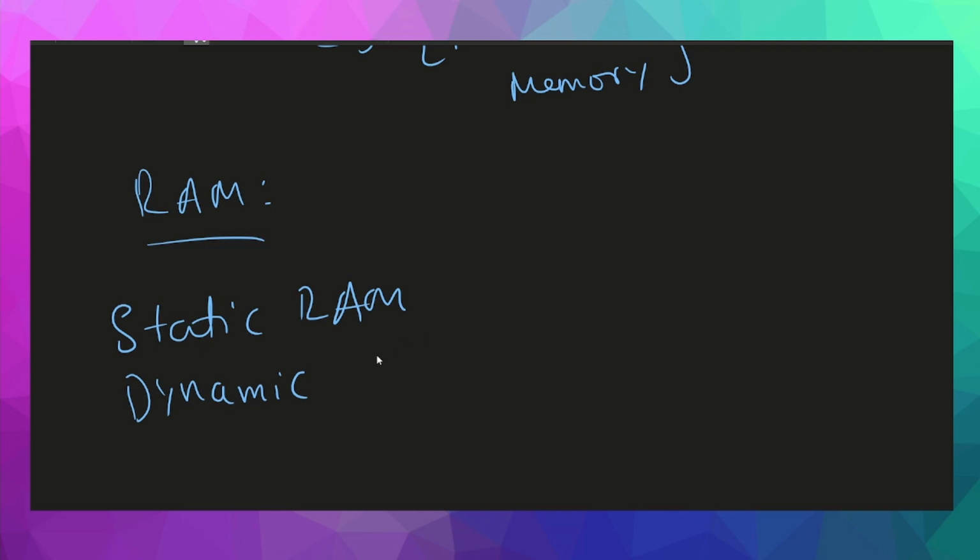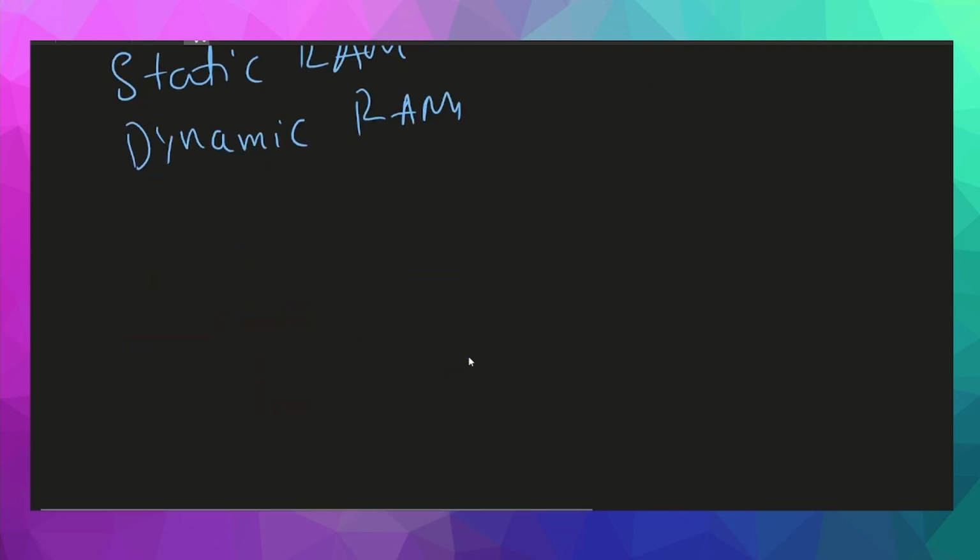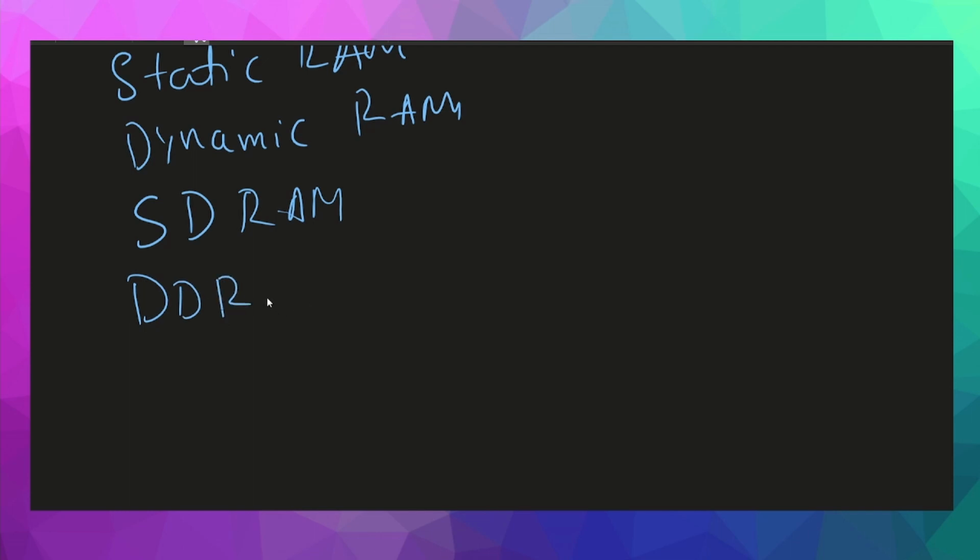Then there is SDRAM. And the fastest one, which they use these days, is DDR RAM, the double data rate.